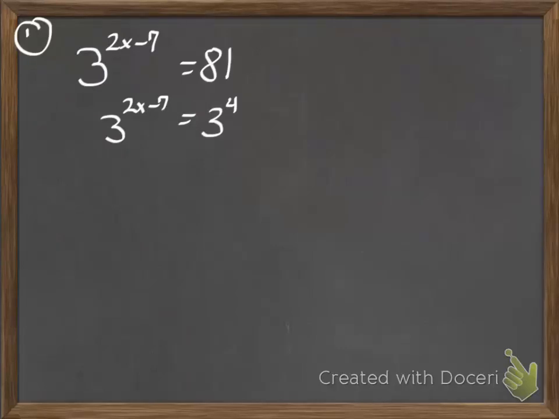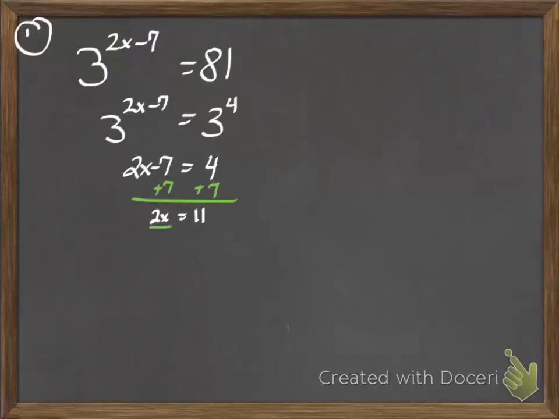And so to solve this equation, these exponents would have to be the same. 2x minus 7 would have to equal 4 for this to work. And if I needed to solve this, I would add 7 to both sides, giving me 2x is equal to how much?